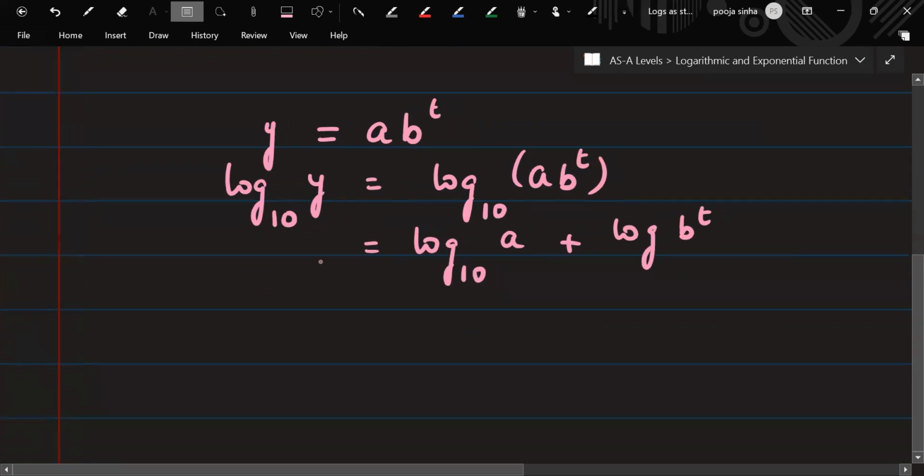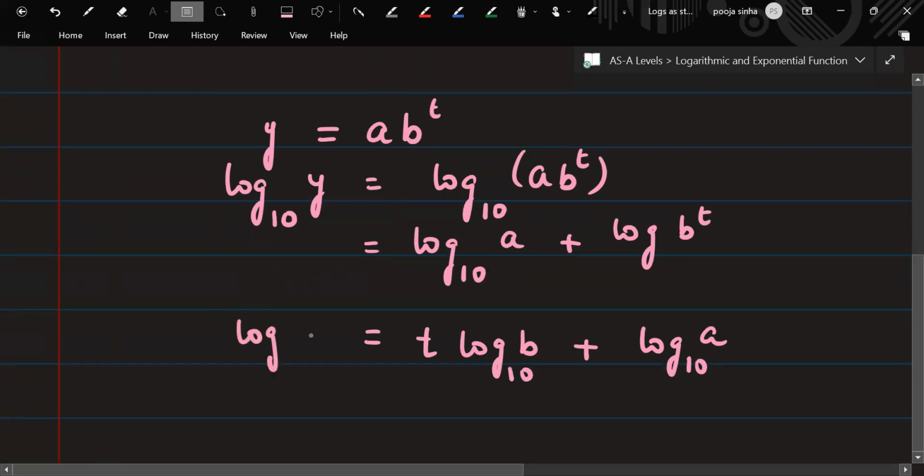Now I can bring the power forward and write it as t log b plus log to the base 10 of a, and here this was log to the base 10 of y.